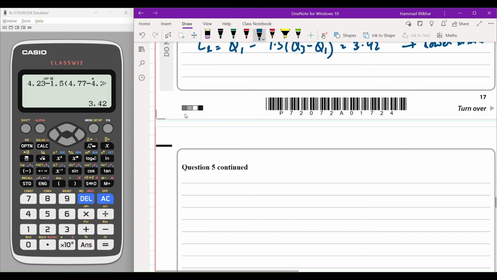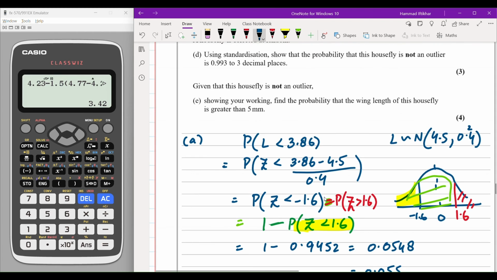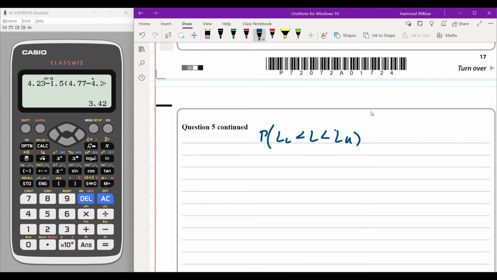So the probability that it's in between the lower limit and upper limit, we actually have to show that, using standardization.